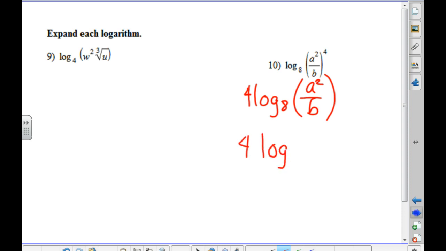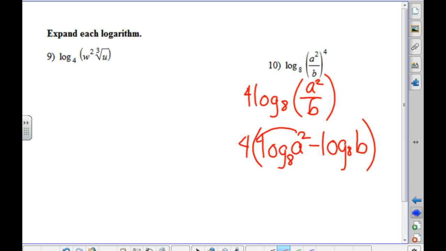Yes. We can switch this into 2 logs. We have log a squared minus log b. Okay, because of the division, yes? Did I lose anybody? Maybe Caleb. We could move this 2 in front of here.